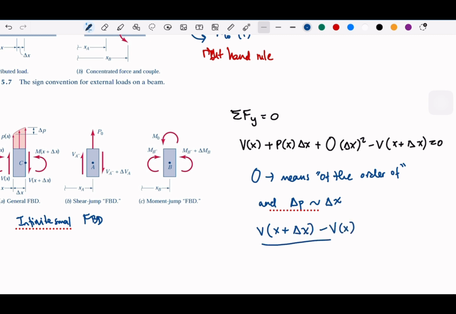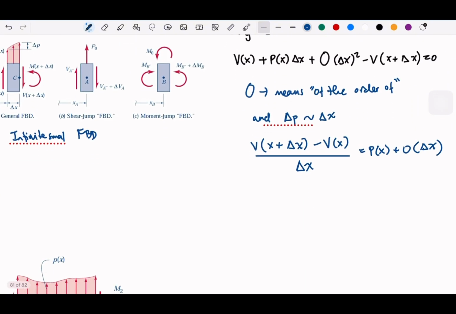If we divide by delta x, this is actually like the definition of a limit, right? This is P of x plus O of delta x. Using the definition of a limit, this can be taken as 0. We have dV/dx equals P of x.